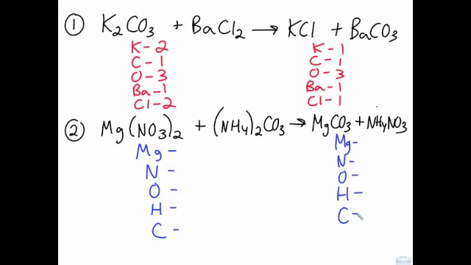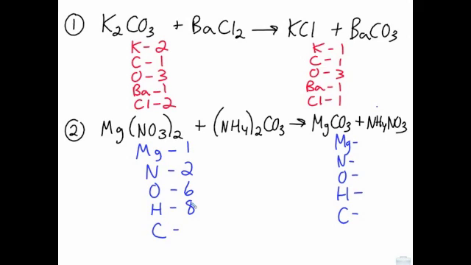Remember, no subscript means it's a 1, so there's one magnesium. The 2 outside parentheses means 2 nitrogens. There are 3 oxygens times 2 is 6. There are 8 hydrogens because there's NH4 times 2. 4 times 2 is 8.